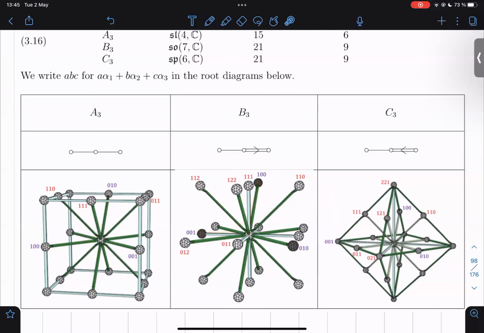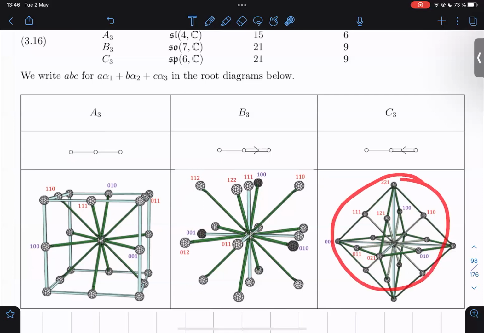Over here, this is at an angle of 2 pi by 3, so that's this angle over here. Whereas over here, let's see, 0, 1, 0. From this guy to that guy, that's a 3 pi by 4 angle. It's kind of hard to see it in this projection. It's nice to have those three-dimensional figures.